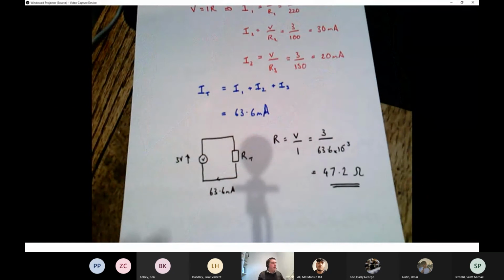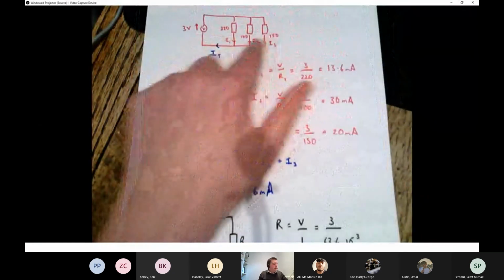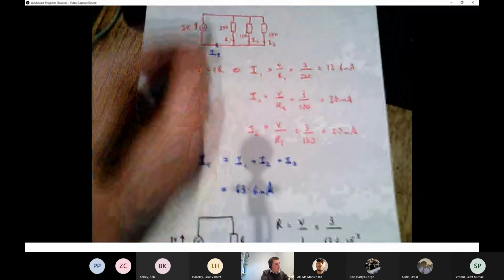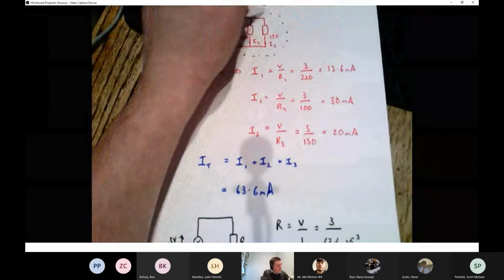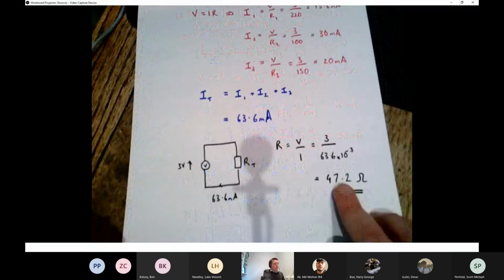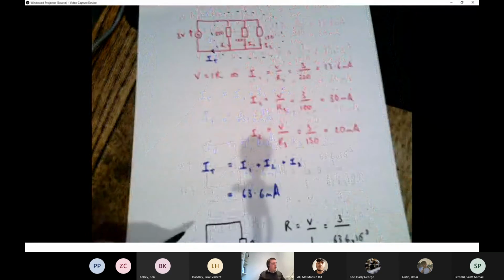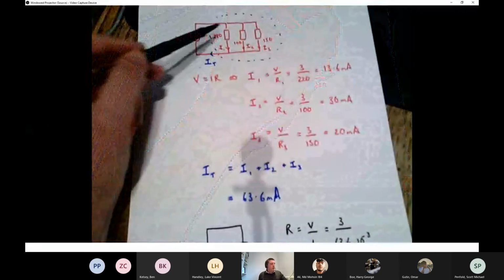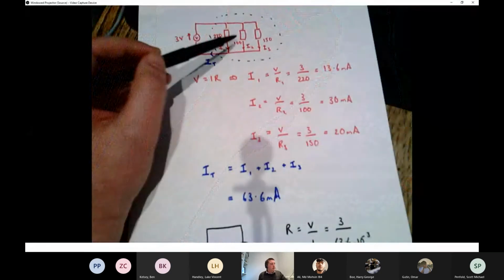Why does that matter? Well, what we're saying is that if you draw a circle around all of those resistors together, and you wanted to replace everything in that circle with one resistor, it would be a 47.2 ohm resistor. And that's interesting already, because that's a smaller number than all of the individual resistances.